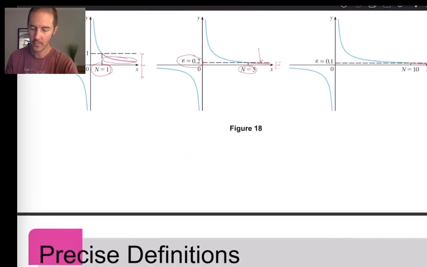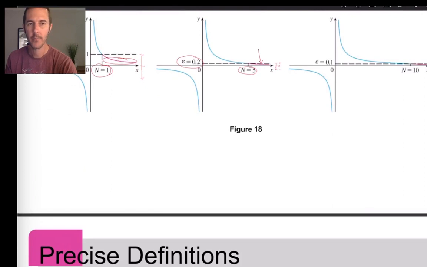So no matter how small that epsilon value would get, the n value would resultantly get larger and larger, keeping our magenta part of our curve within 0 plus or minus epsilon.